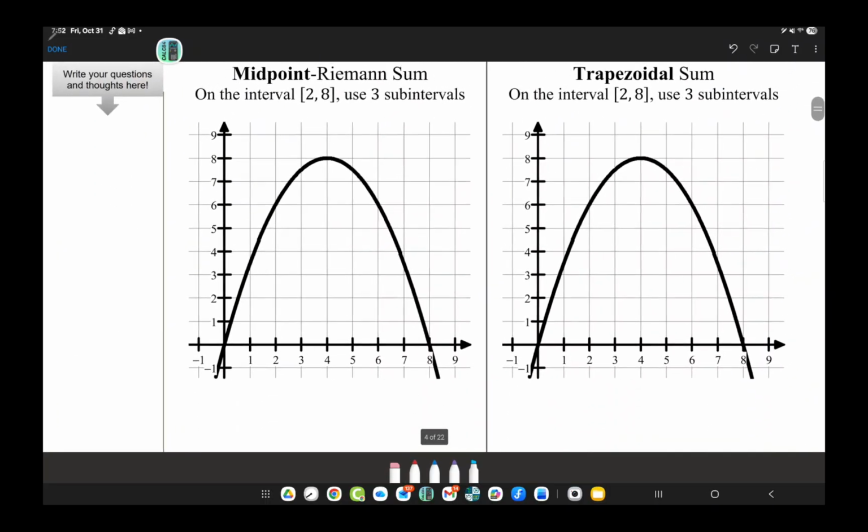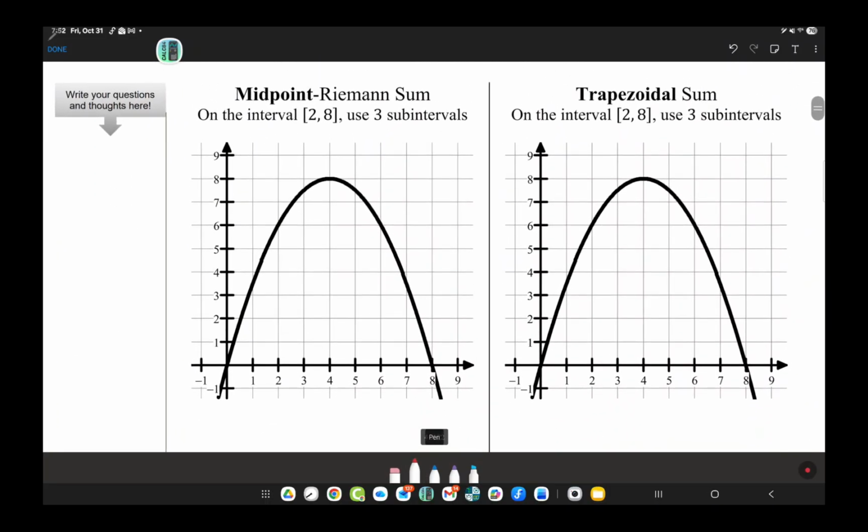All right. Now, this one would seem a bit more obvious. This would be the one that I would probably go to, the midpoint one. So here we're going to again make our rectangles.